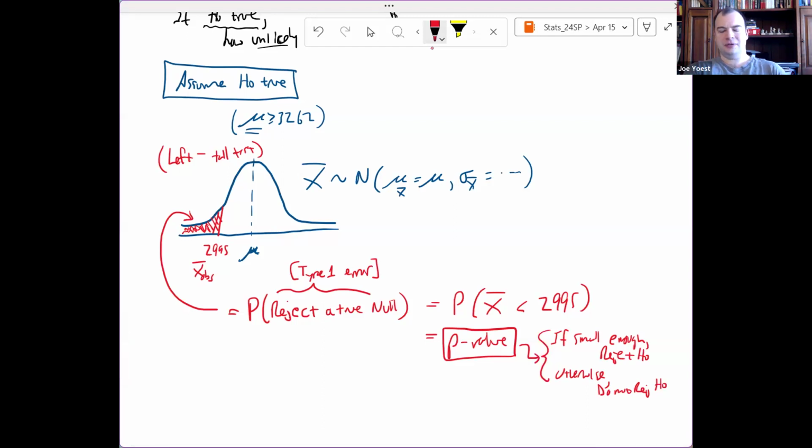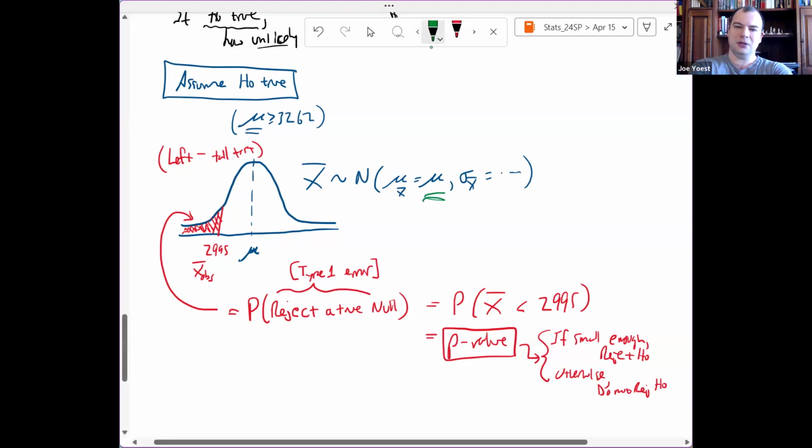So how do I compute a p-value? Well, in theory, it's not hard. I just have a normal distribution question. The probability that a normally distributed random variable is to the left of 2995, that's not bad. I do have an issue, though. X bar is centered at mu, but mu is just some number bigger than or equal to 3262.